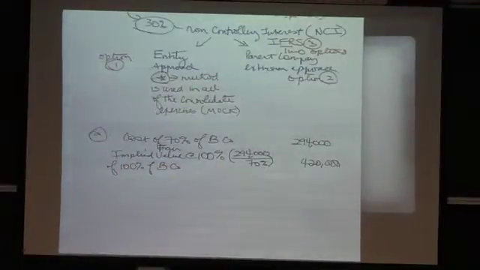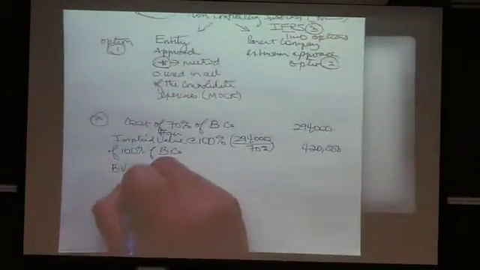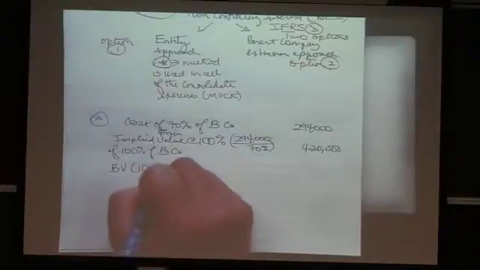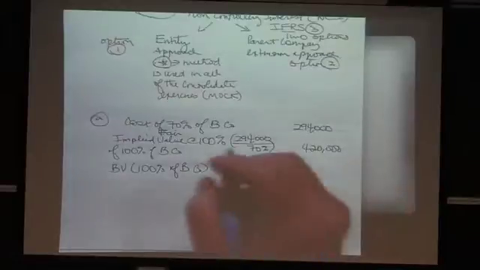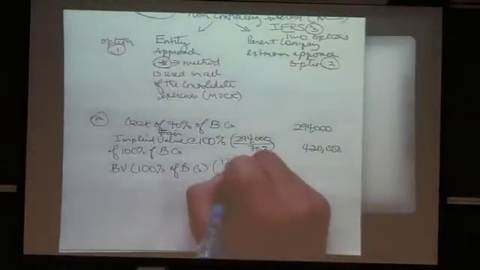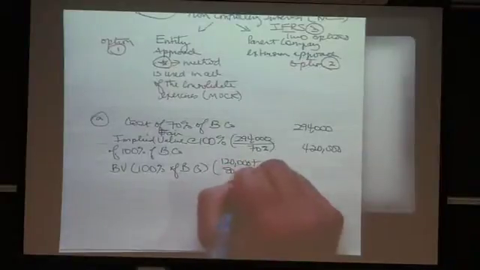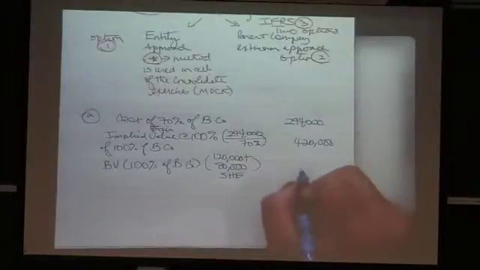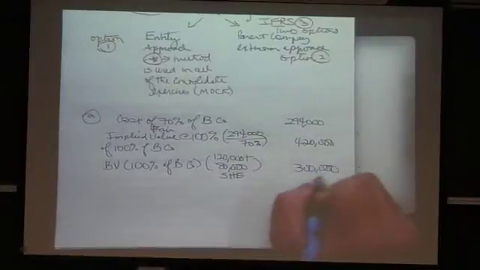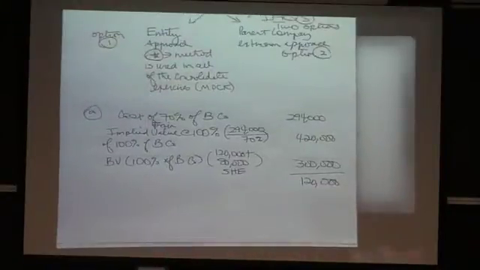That's essentially what we're trying to calculate. Now, we're going to compare it to the book value of 100% of B company, and that is essentially 120,000 plus 80,000. This is shareholders' equity. We have $120,000, and we call that acquisition differential.